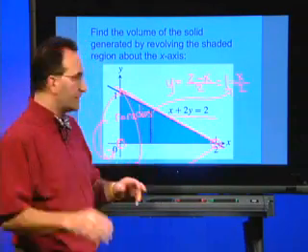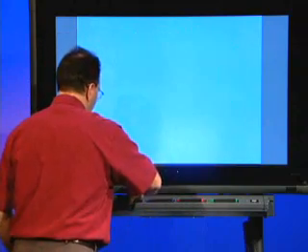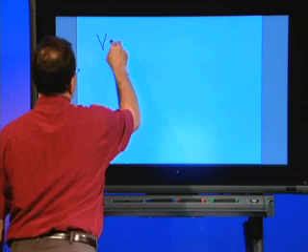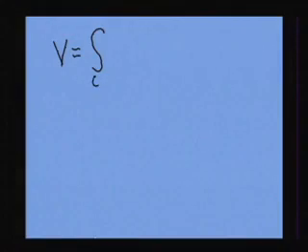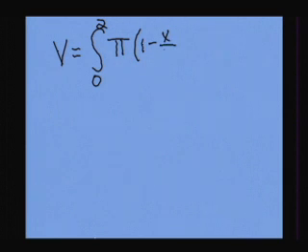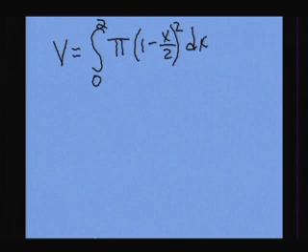So let's set this integral up. We would have that the volume is equal to the integral from 0 to 2, those are our limits of integration, of that area, pi r squared. So it's pi, and remember, r was just the function, 1 minus x over 2, so pi r squared dx.